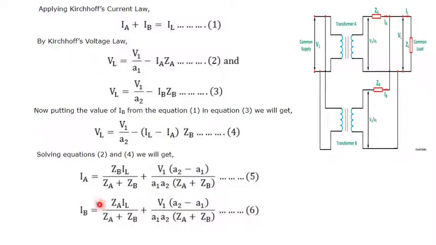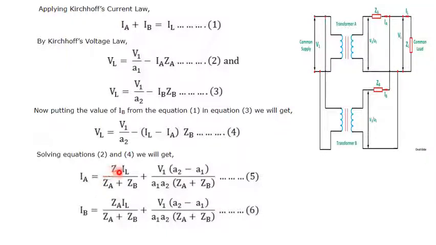So this is the secondary current of transformer A, and this is the secondary current of transformer B. These two currents have two components. One component is the current sharing or load sharing between the two transformers.